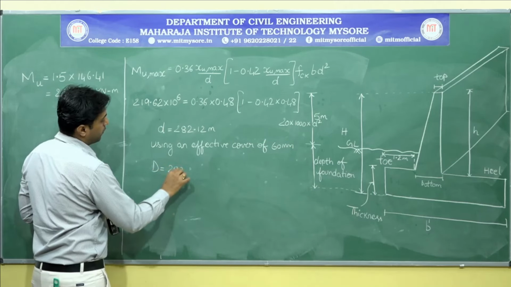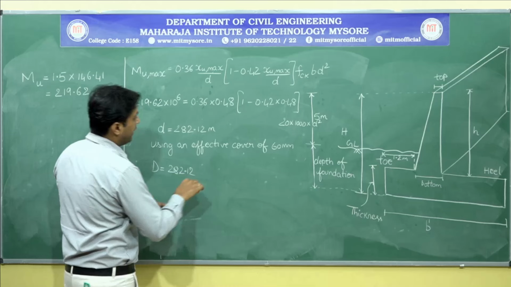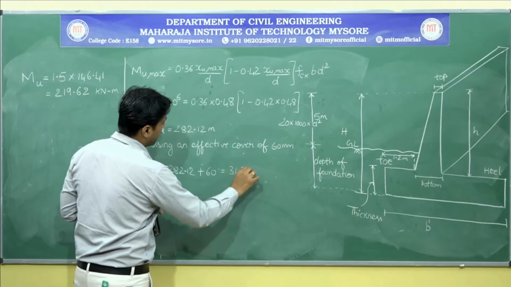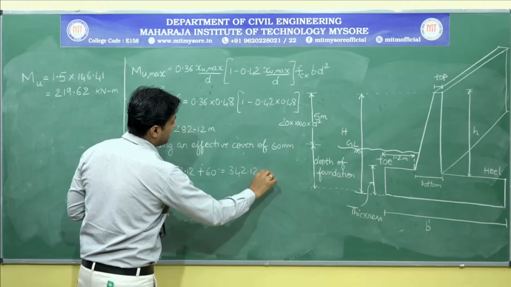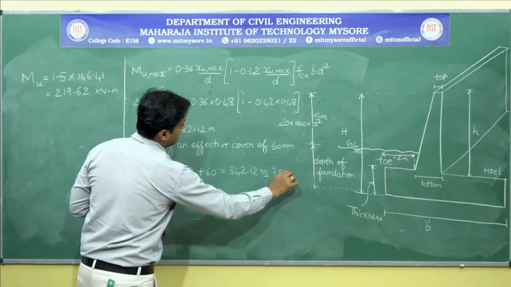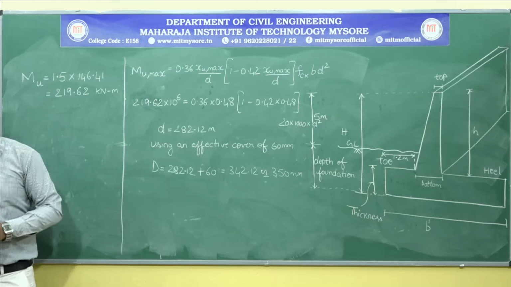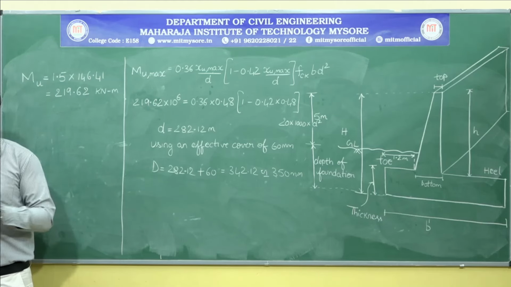It is 282.12 plus 60, which is 342.12. Approximately, let me call it 350 mm.